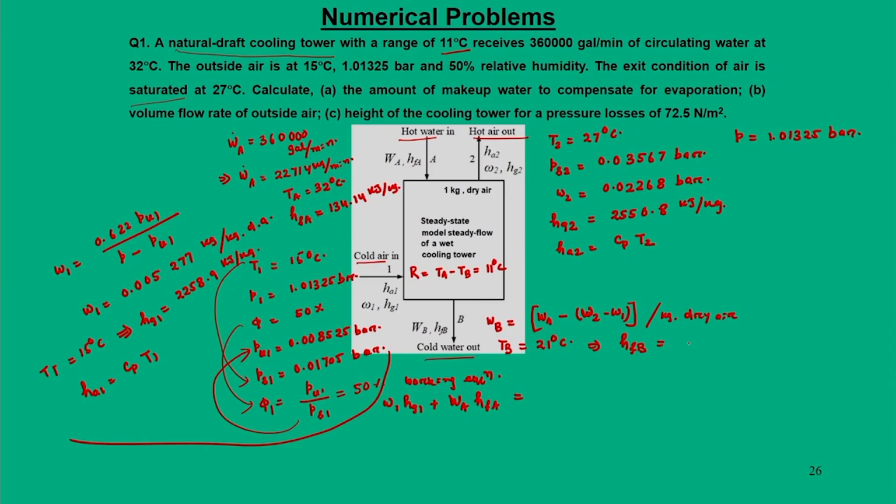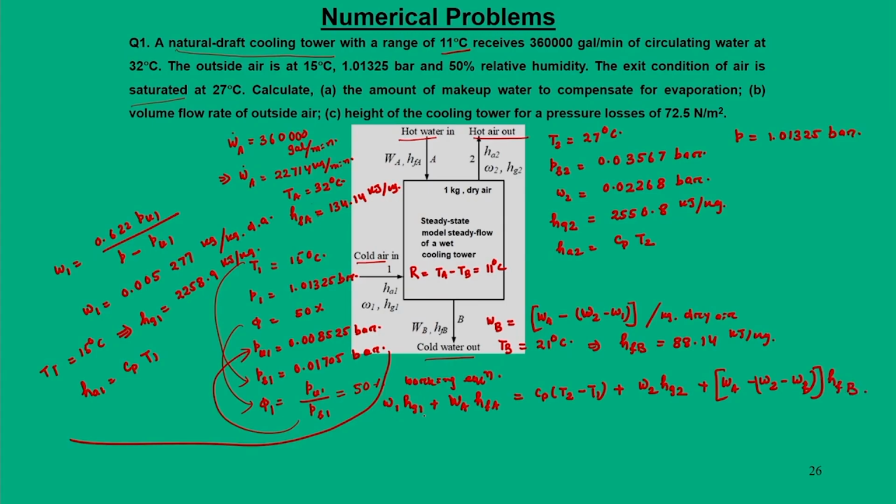HFB would be 88.14 kilojoule per kg, is equal to Cp times T2 minus T1 plus omega 2 Hg2 plus WA minus omega 2 minus omega 1 multiplied by HFB.